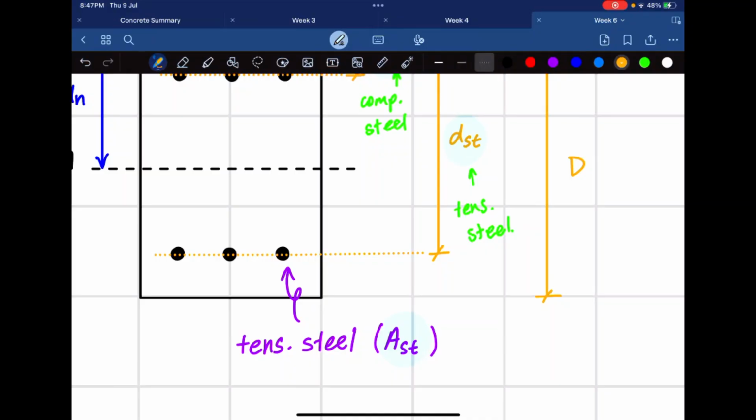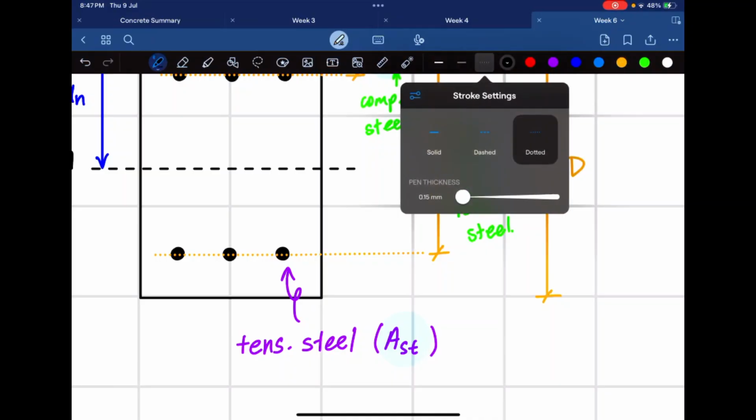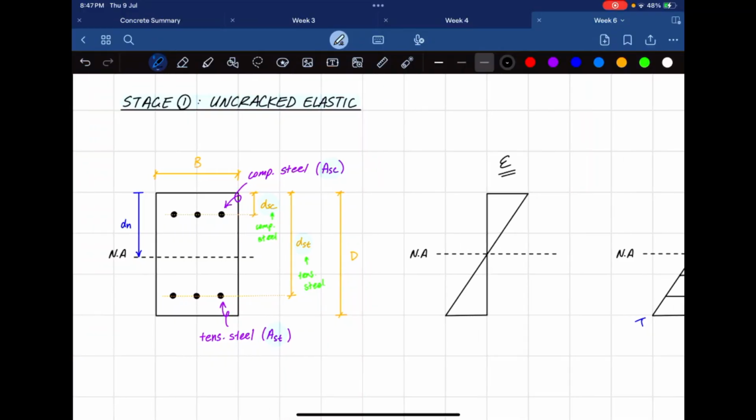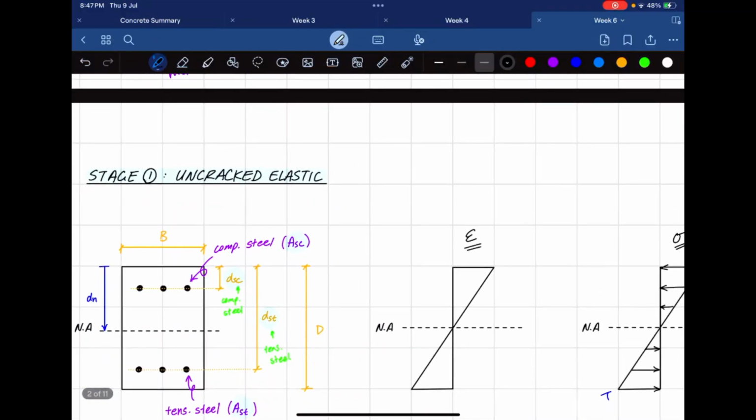Now, the question that does arise sometimes is, what if we have more than one layer of steel, right? So for example, we've got something like this.